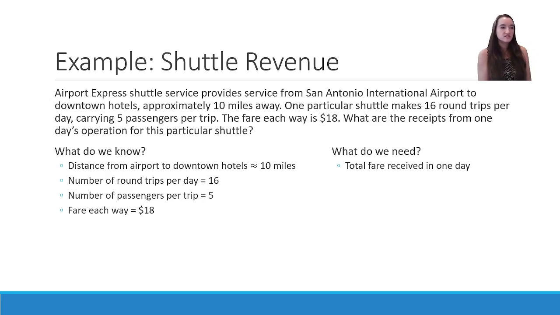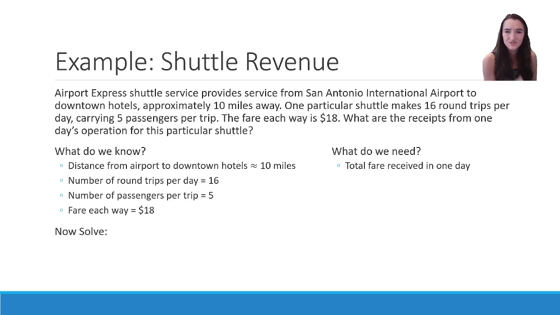Okay, now to solve it, what can we do? We're going to need a few things, okay? We want to know the total fare received in one day. Okay, so let's think about this. The total fare received in one day. There's 16 trips per day, 5 passengers per trip, and the fare is $18 each way.